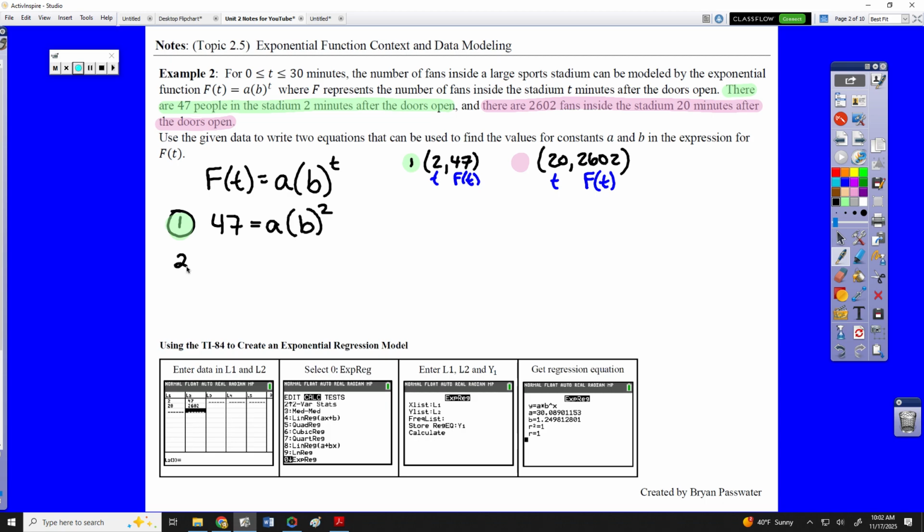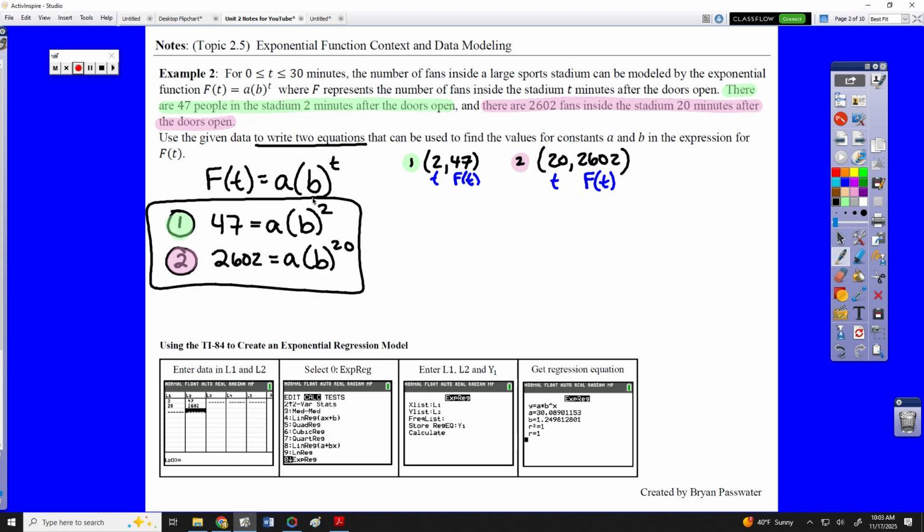And our second equation would be from the pink information. Same idea: 2,602 equals a times b to the 20th power. Those two equations have two unknowns, a and b, which means these would be the two equations that we would need to write to solve for the values of a and b.